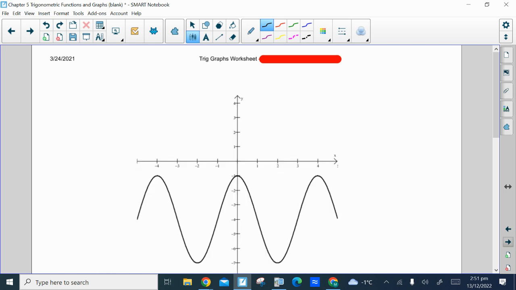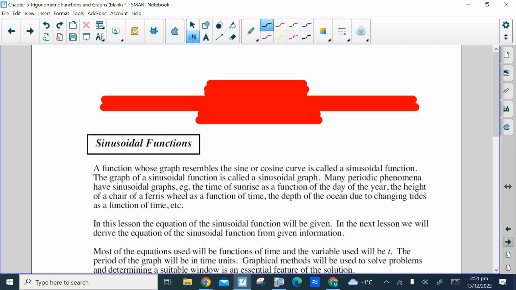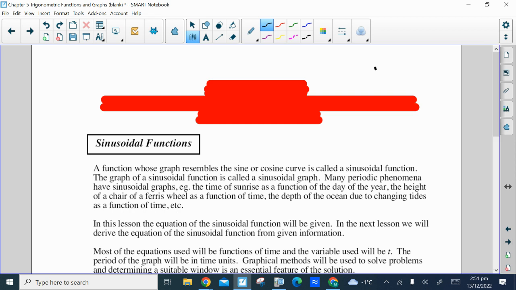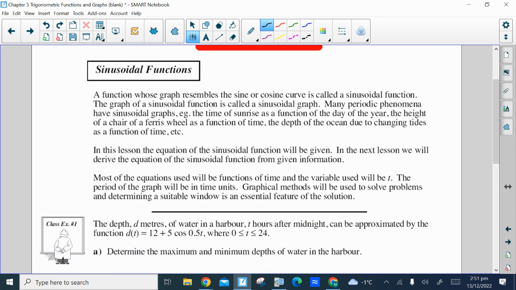Okay, so we're going to skip forward here. This is page 45. So we've said that a function whose graph resembles a sine or cosine curve is called a sinusoidal function. The graph of a sinusoidal function is called a sinusoidal graph.